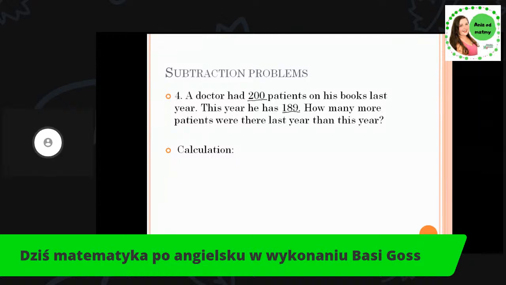When we see this question, how many more? We need to use minus. So what's the calculation? And what's the check?